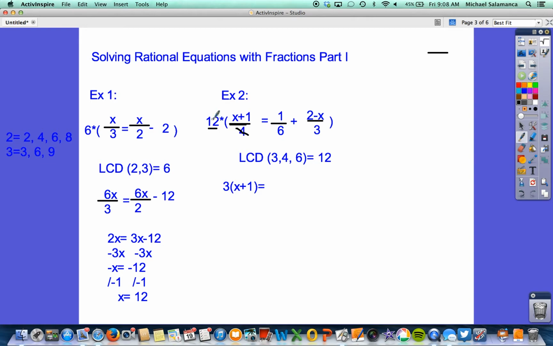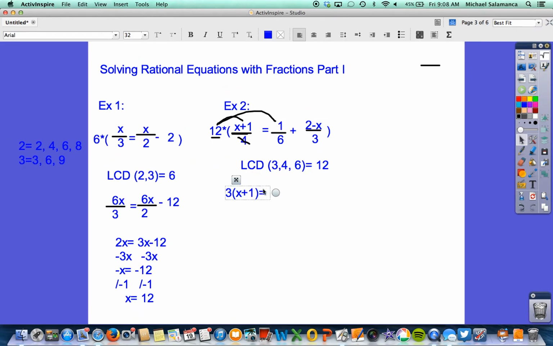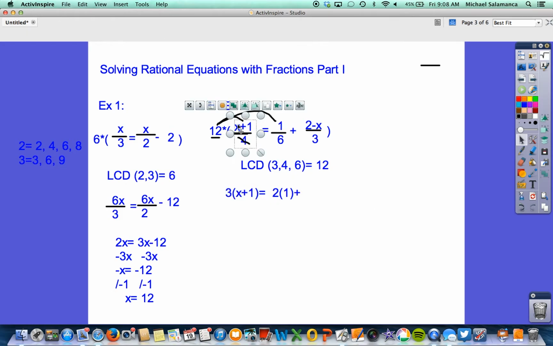When we do 12 times the second quantity, 1 divided by 6, we know that 12 divided by 6 is 2, and then we merely multiply that leftover 2 times 1, and notice how they're all aligning with the top portion here.